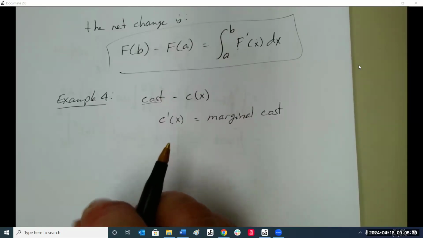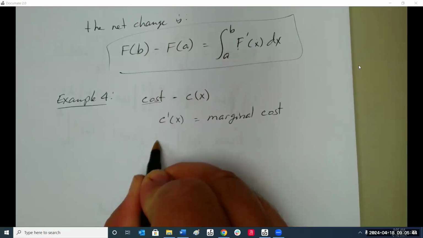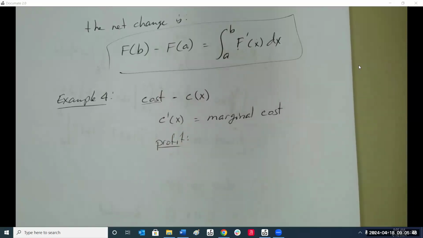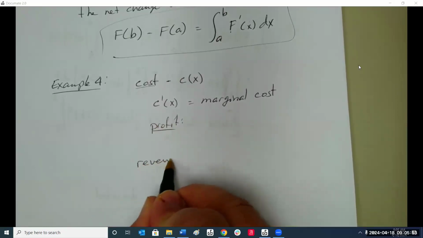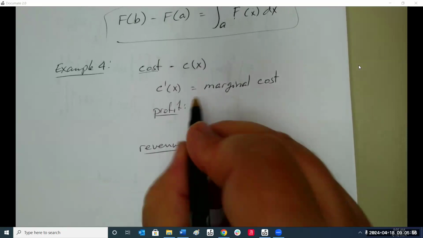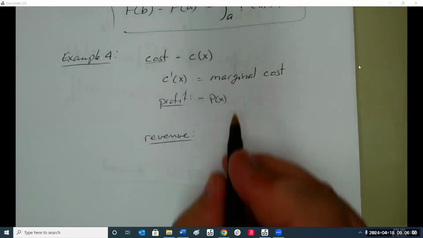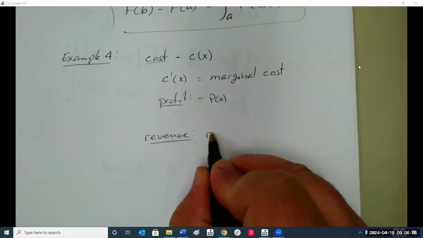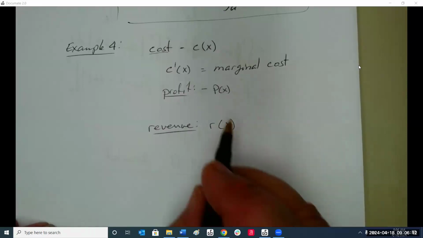We have profit, we have cost, we have supplies. Yeah, profit. I forgot, there is revenue. Profit is represented by P of x, where x represents the number of items that you produce. Revenue is R of x. That's how many items you sell. How much money you get because each item costs an amount.